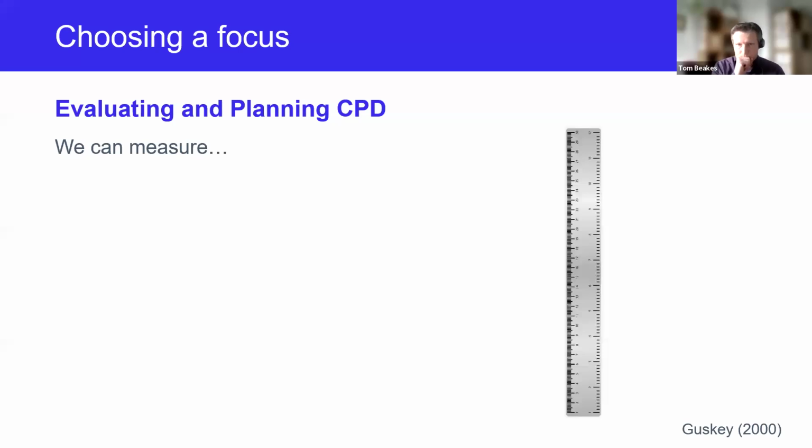But when we're talking about effective CPD, it's really useful to think about how you're going to evaluate that CPD before you start planning. And some of you may be familiar with this framework already, but Guskey lists 5 areas against which he suggests we can evaluate the effectiveness of any CPD.